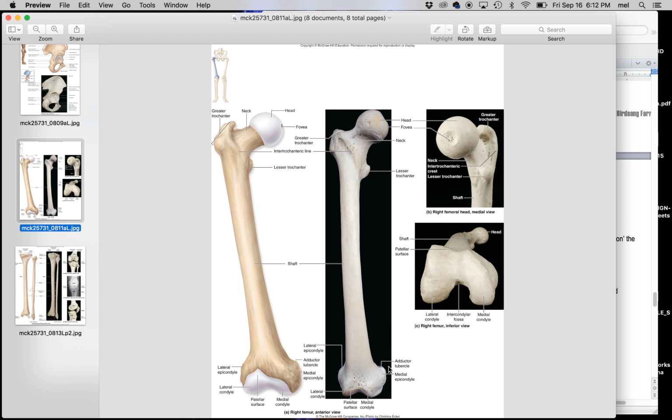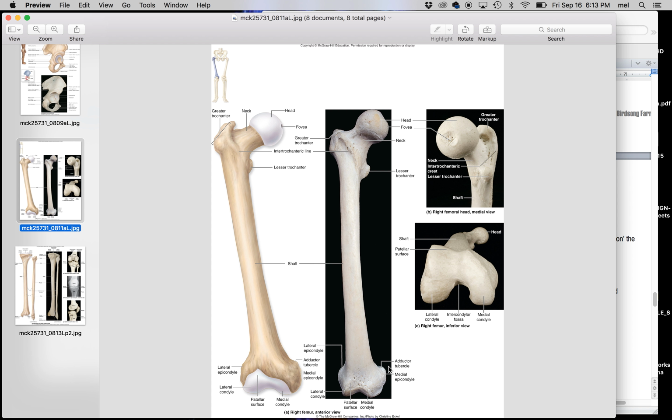Adductor tubercle. And then be supportive but rigid critics of one another if you're studying together. Make sure that the other person is checking your spelling, making sure that you put rights and lefts, and then you can help each other get into the good habits that you're going to need.